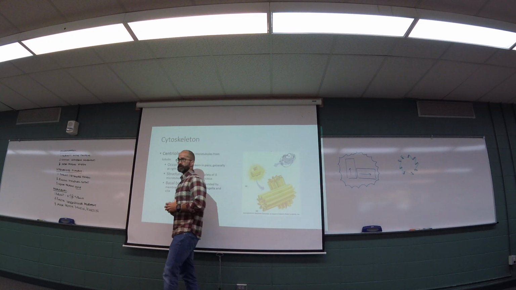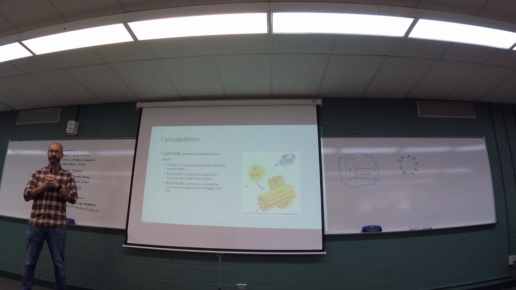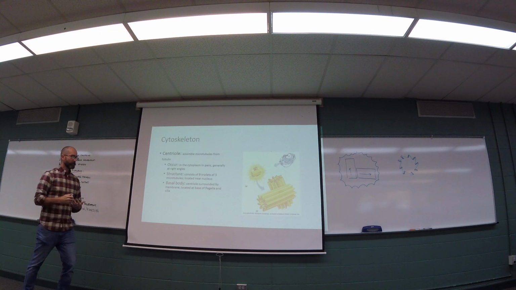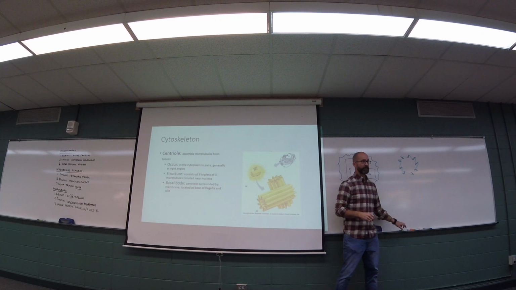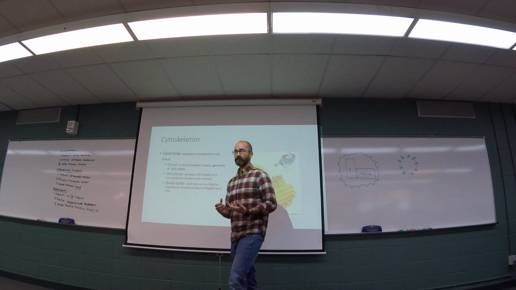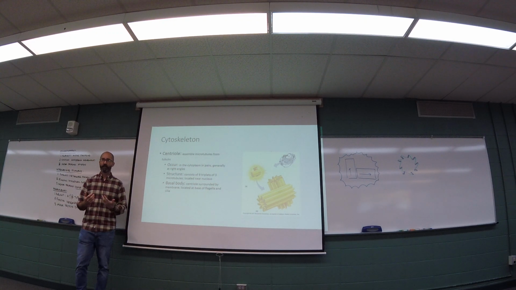So the centriole is also part of another structure called the basal body. And the basal body is the structure from which a flagellum grows. So we're going to talk a little bit about sexual reproduction later in the semester. But as it turns out, all the organelles that we inherited are from our mother.